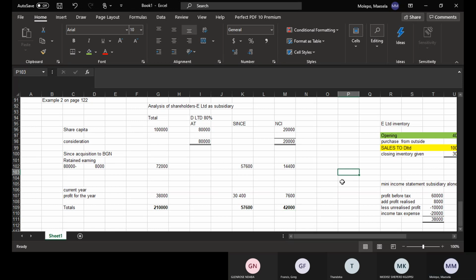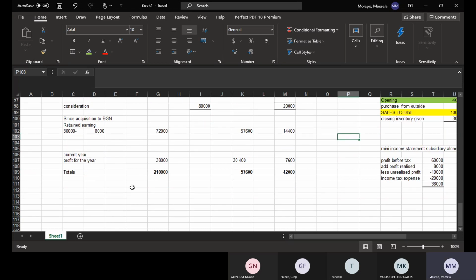Then there is a thing called test of analysis. Your test of analysis is where you are checking whether this balances or not.